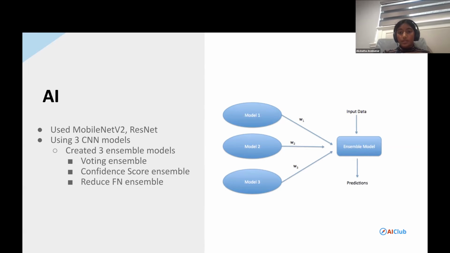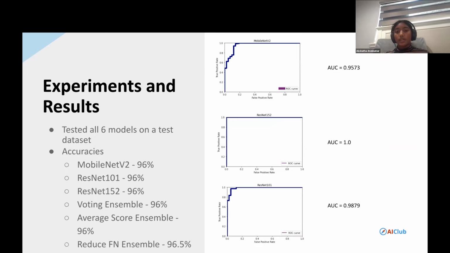My experiments and results. Taking a look at the right side first, you can see there are 3 graphs for each of the individual models. These are ROC curves, which show the true positive rate, or how well the model can predict true positives without predicting false positives.